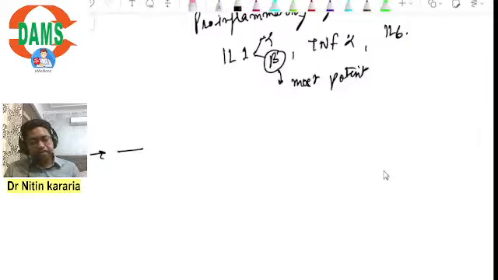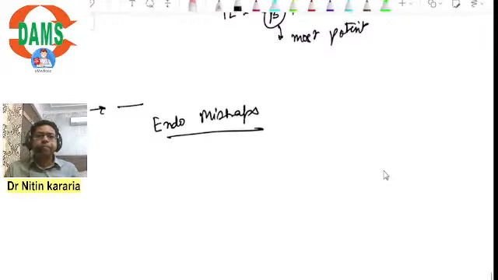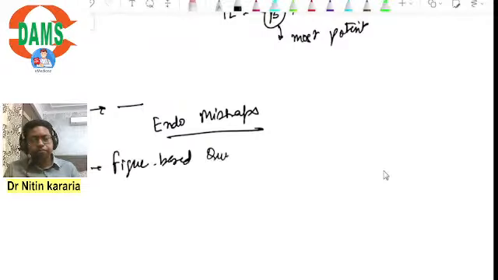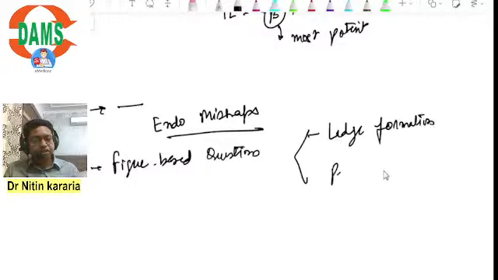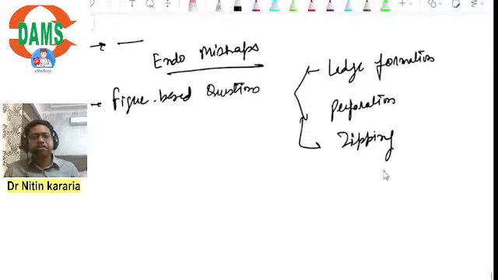Then some things related to endo mishaps. They would give you figure-based questions about ledge formation, perforation, and zipping of the root canals.